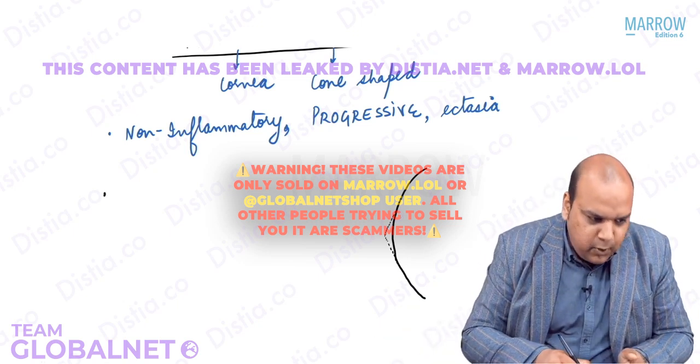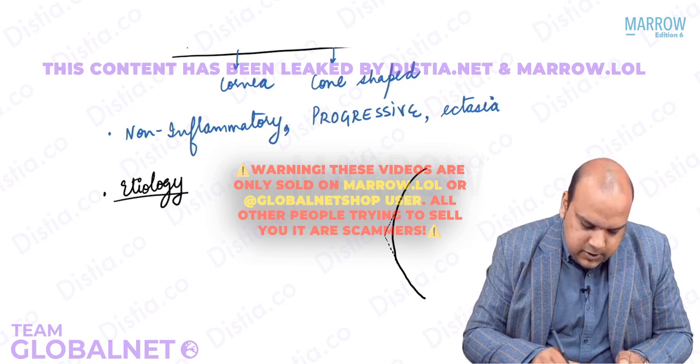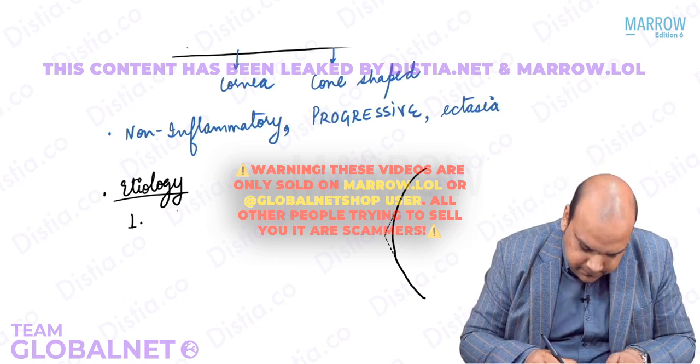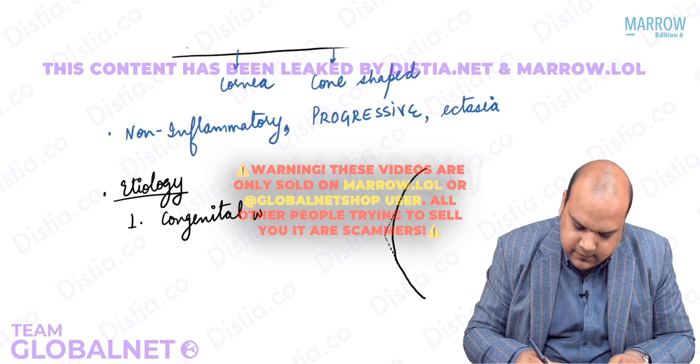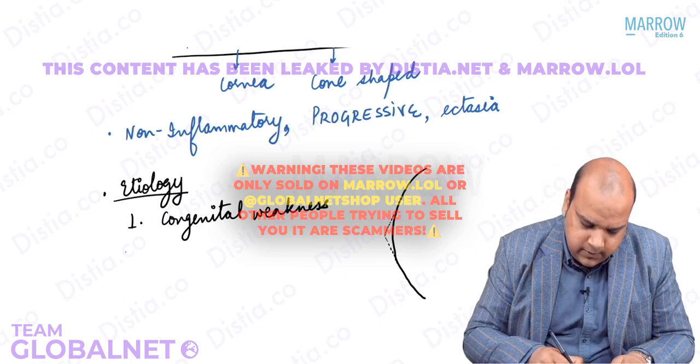Now, what are the important etiological factors, so as to say? Usually we say it is congenital, inherited, everybody. Okay? Congenital weakness of the cornea, which is leading to the thinning and thus the formation of the cone.